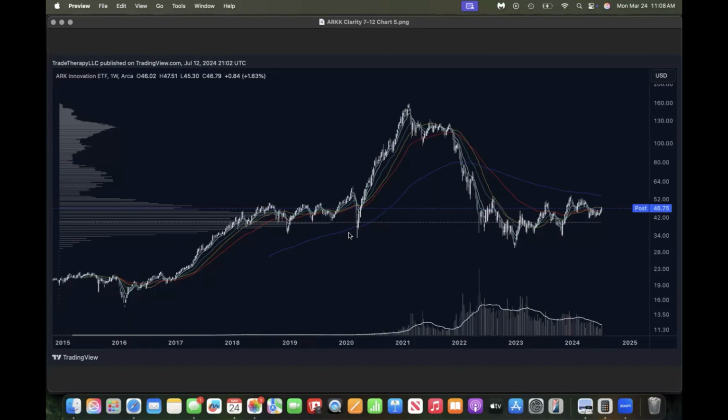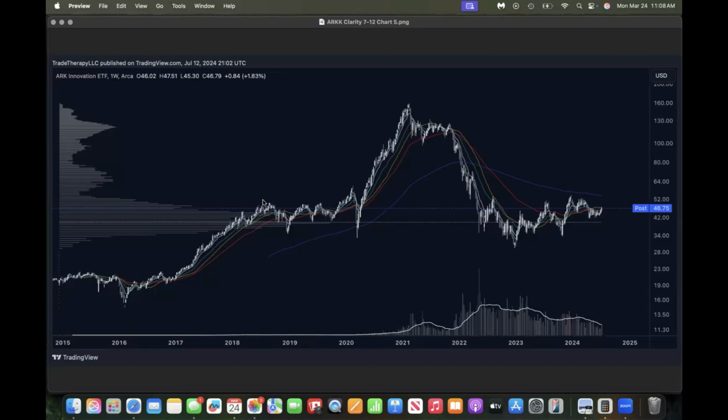Those of you that have been reading Trade Therapy content for some time are aware that most of the time after a high beta asset distributes, which ARKK did up here, it comes back down and marks down and goes into the next phase of the institutional business cycle where it decides to stop and accumulate again, typically landing right at the same level where the reaccumulation happened in the previous run, and that's the case with ARKK.